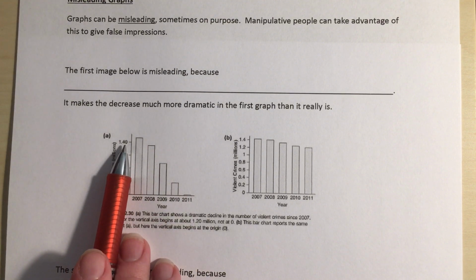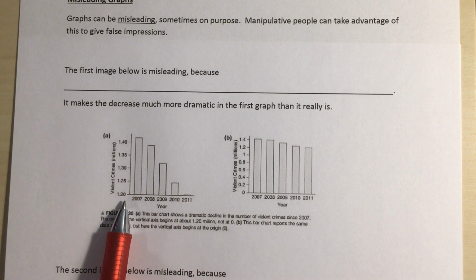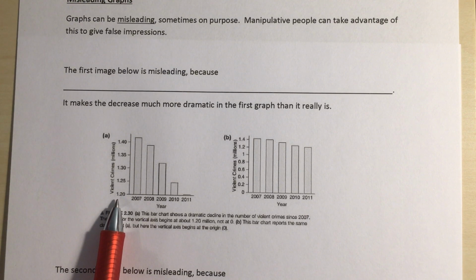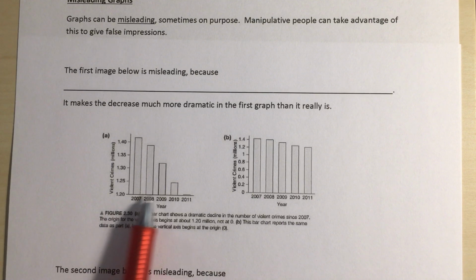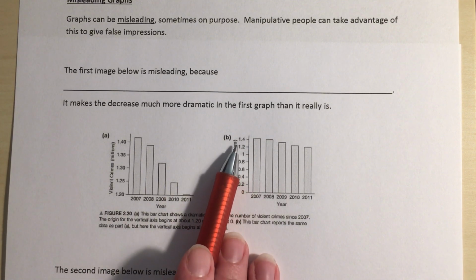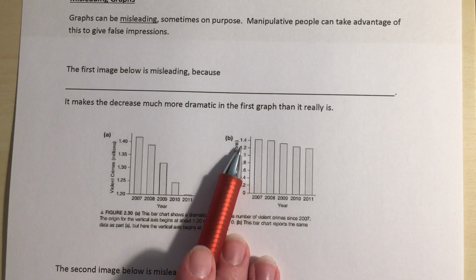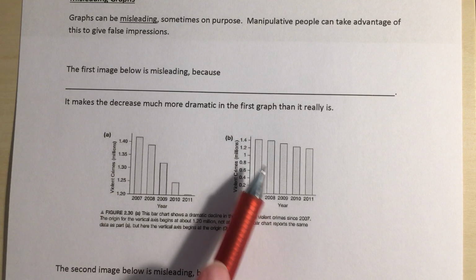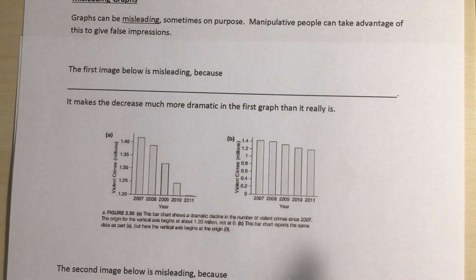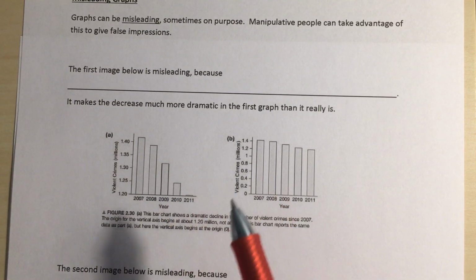We've gone from 1.40 to 1.20. But notice we didn't go all the way down to 0. We just went in between 0.2 of a decimal point. Where here, this graph shows our data all the way from 1.4 down to the proper starting place of 0. Here it's decreased, but it doesn't look as drastic as it does over here.